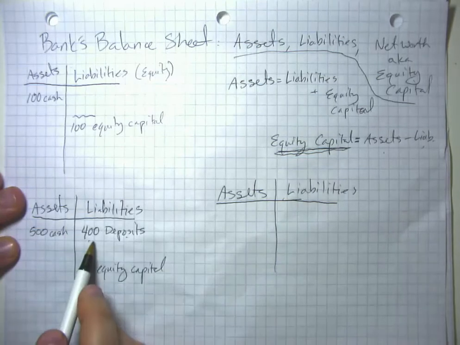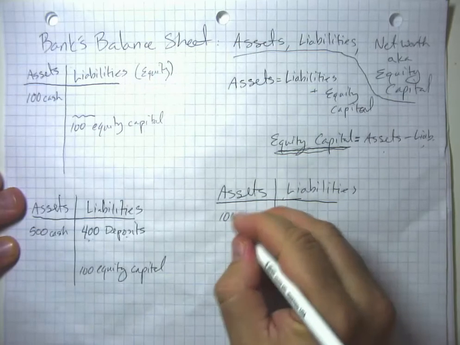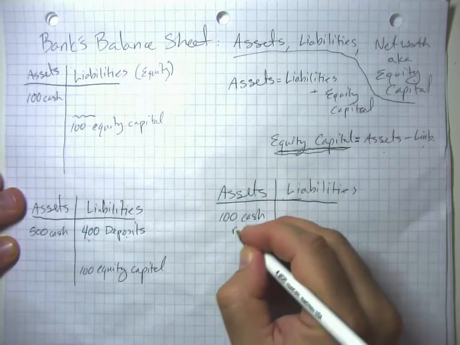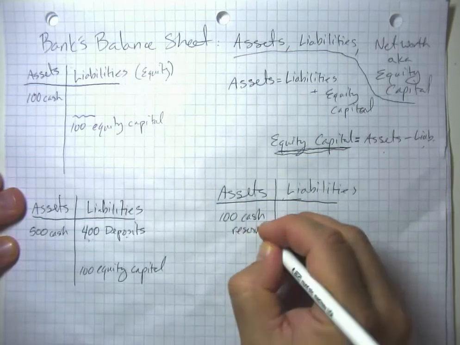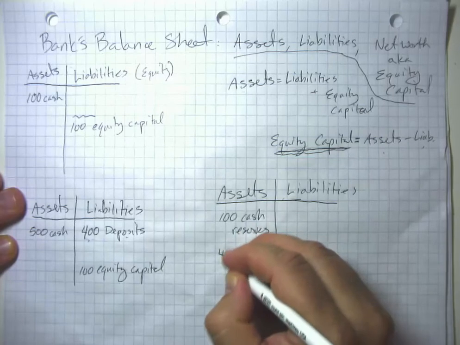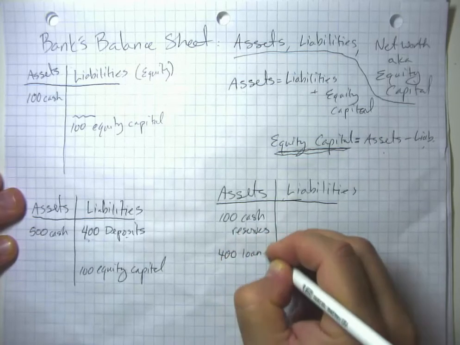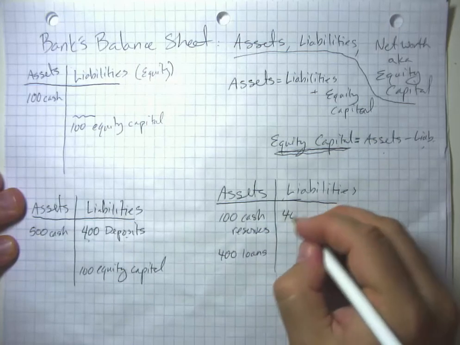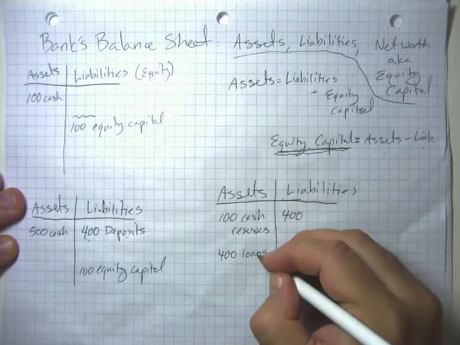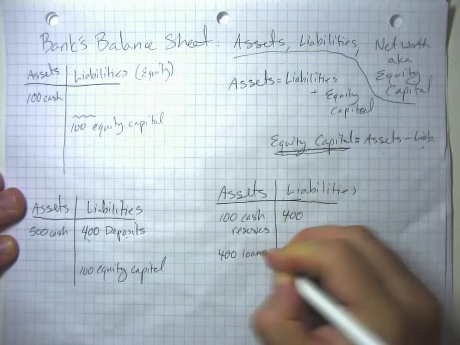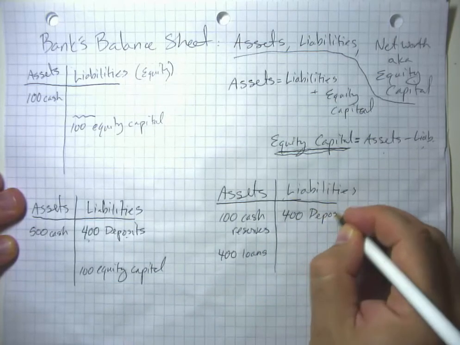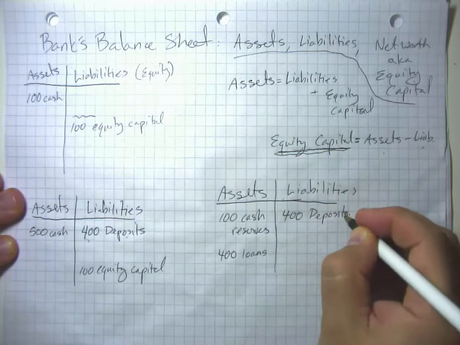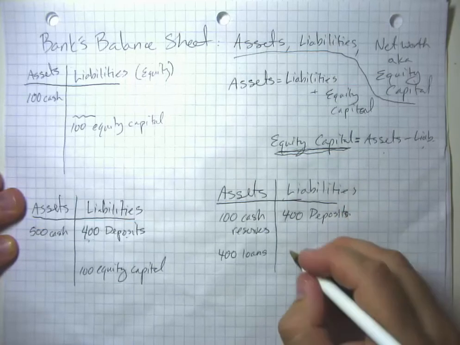So because there's $400 worth of deposits, I'm going to keep $100 of cash reserves, and then I'm going to lend out $400 and hopefully make some money on that, because hopefully the interest rate I charge on the loans is greater than the interest rate I pay my depositors, and hopefully everyone pays their loans back.